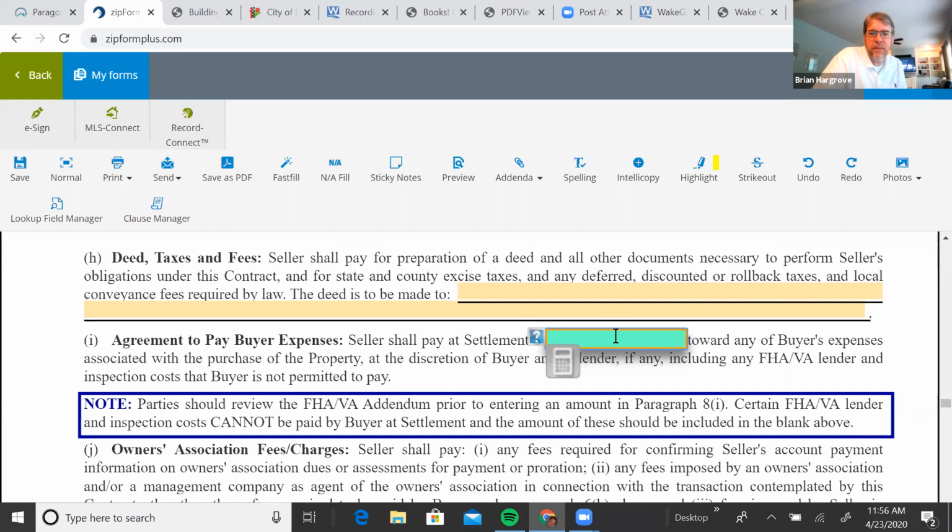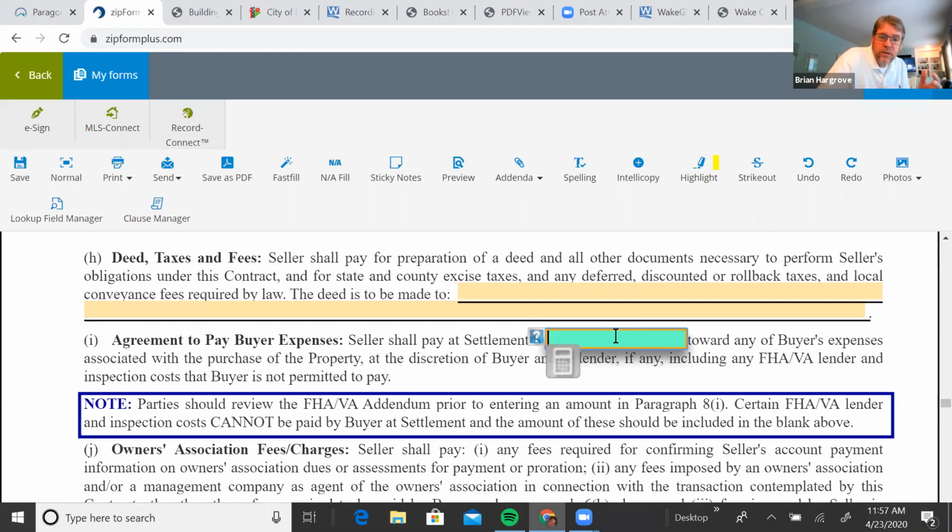The person that benefits from us asking for too much is the seller. The good news is you didn't have to come out of your pocket for closing costs. So talk to your lender, come up with a number that makes sense, that covers all your closing costs, where you're not blindsided and have to come with some.